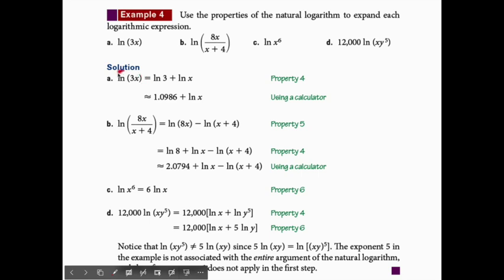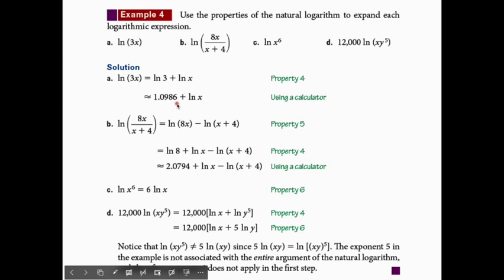This here, the natural log of 3x, is considered a condensed form because it's all combined into one term. So using the product rule, I'm going to rewrite this as the natural log of 3 plus the natural log of x. If you want to evaluate the natural log of 3, you can do that on your calculator and get a decimal approximation.